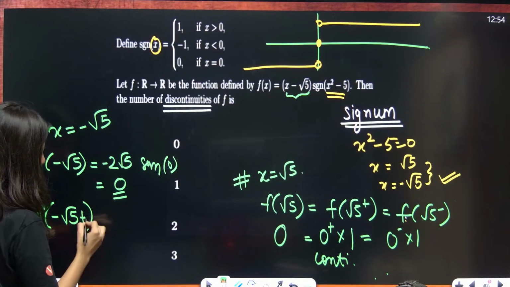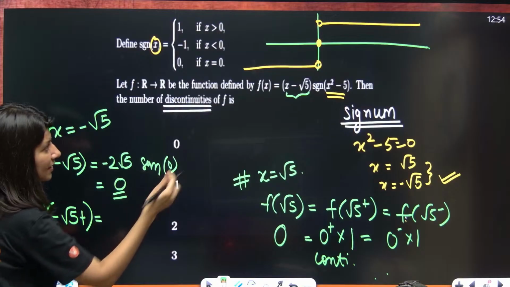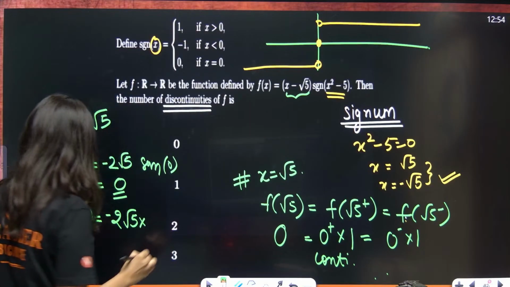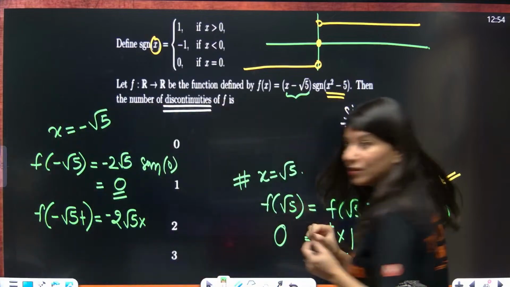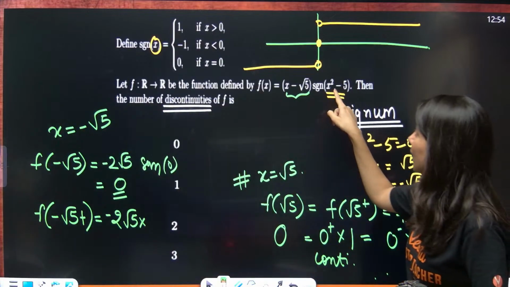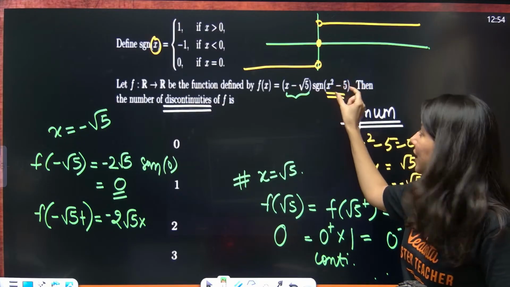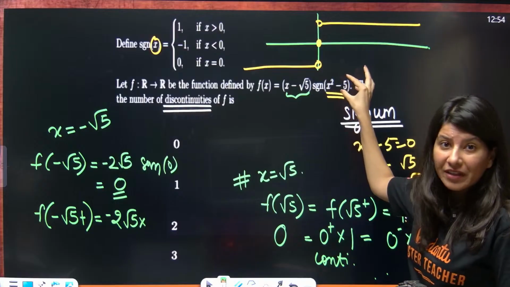If you put minus root 5 plus something, the factor is again minus 2 root 5 multiplied by signum, and the signum value will not be perfect 0.